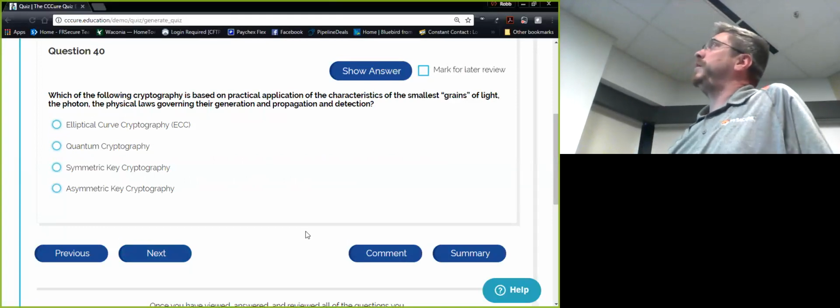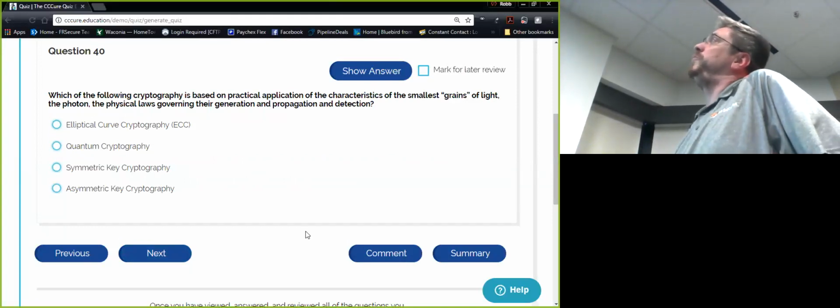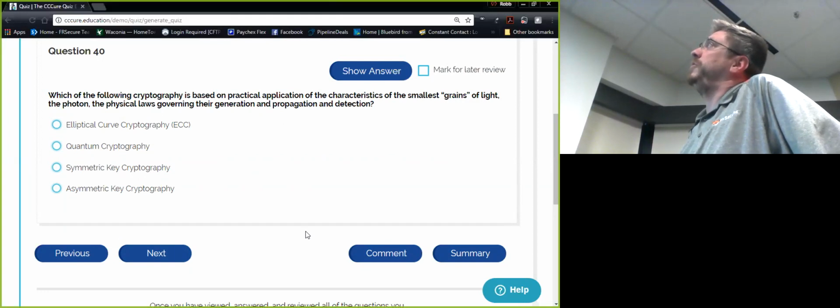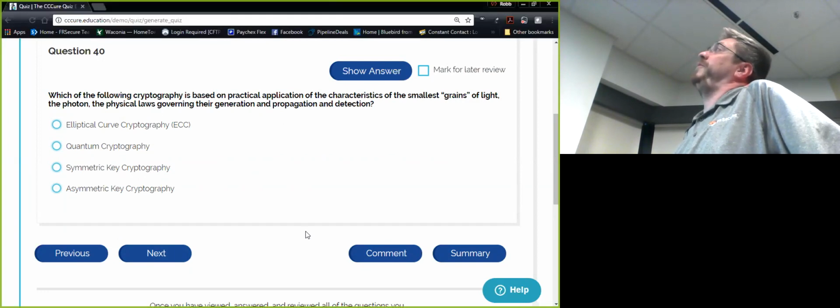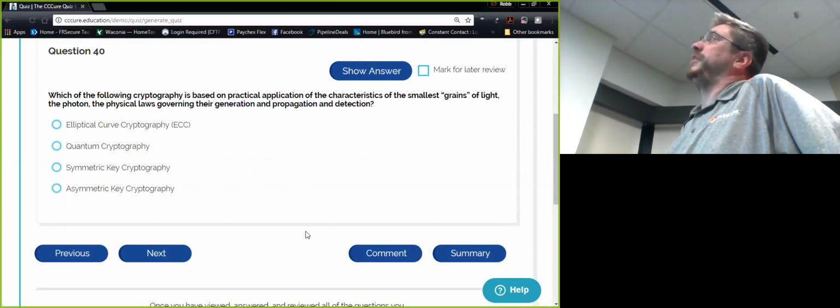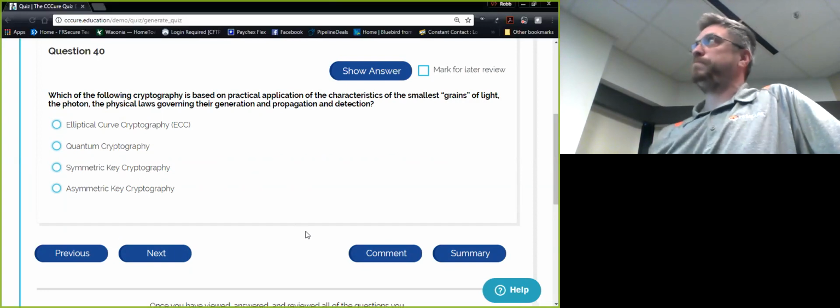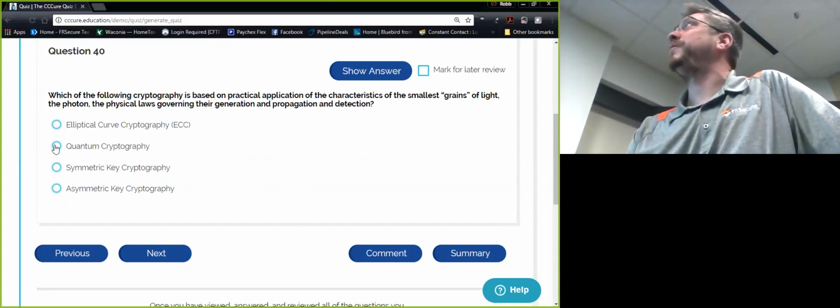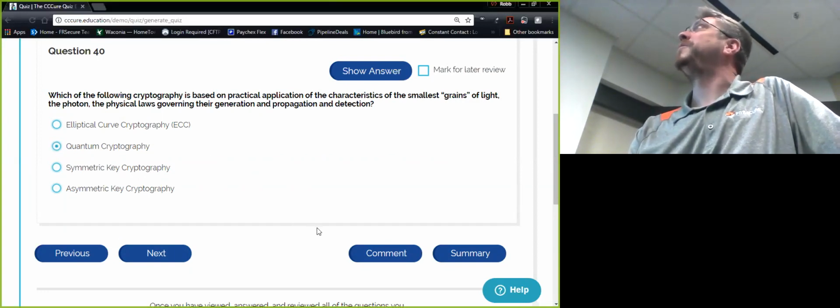Which of the following cryptography is based on practical application of these characteristics of the smallest grains of light, the photon, and the physical laws governing their generation, propagation, and detection? Well, it's quantum.